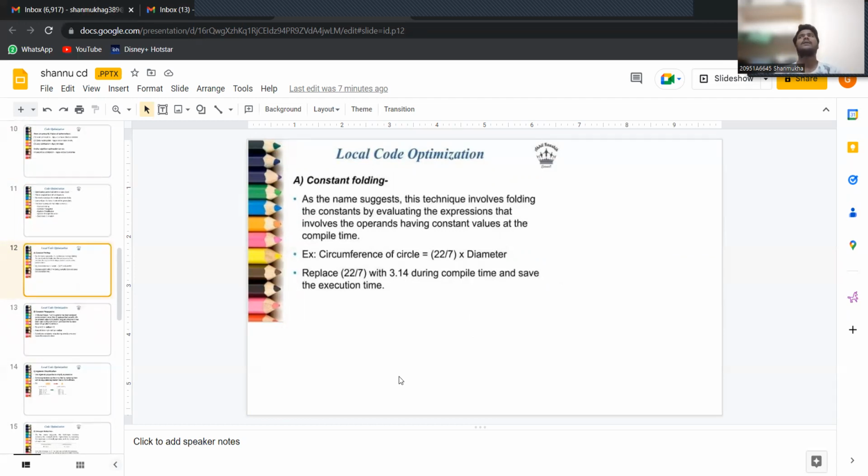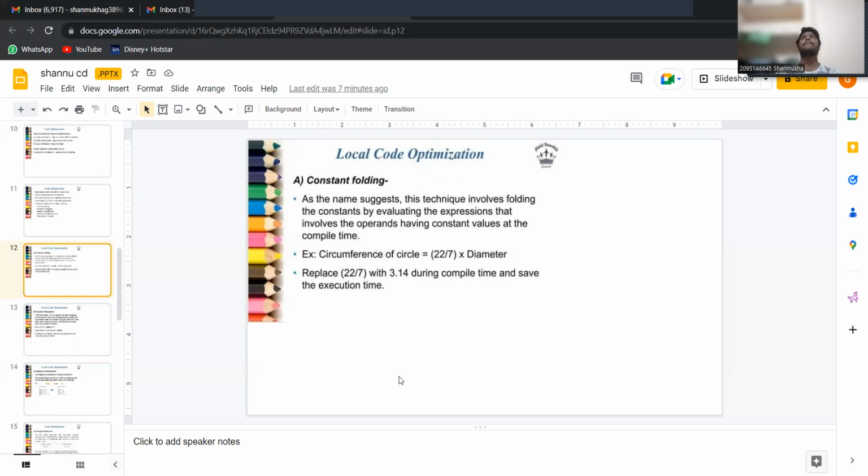In the first case, the system has to compute two things. First it has to divide 22 by 7, and then it has to multiply the result with the diameter, so it consists of two steps. In the second case, the system will directly multiply the value 3.14 with the diameter. It is a step forward when we compare it with the previous method.